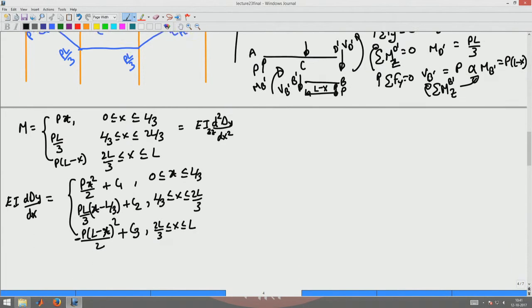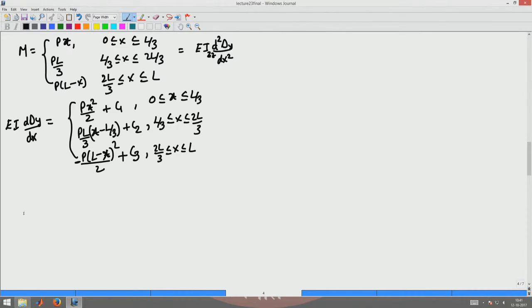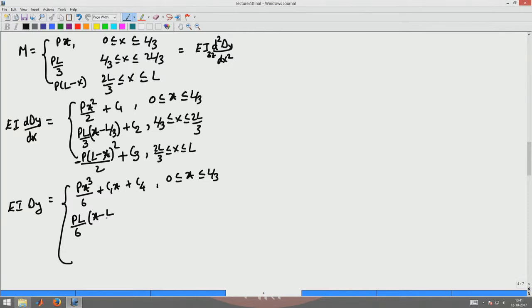Now, I want to integrate this equation once more to get EI delta y. So, that is going to be P x cube by 6 plus C 1 x plus C 4 in the region 0 less than x less than L by 3, P L by 6 (x minus L by 3) the whole square plus C 2 x plus C 5 in the region L by 3 less than x less than 2 L by 3.